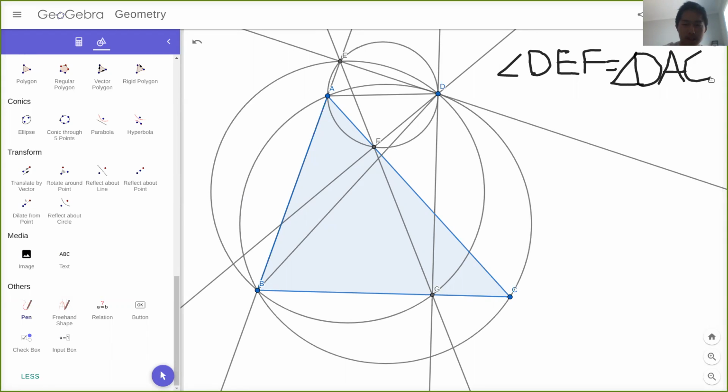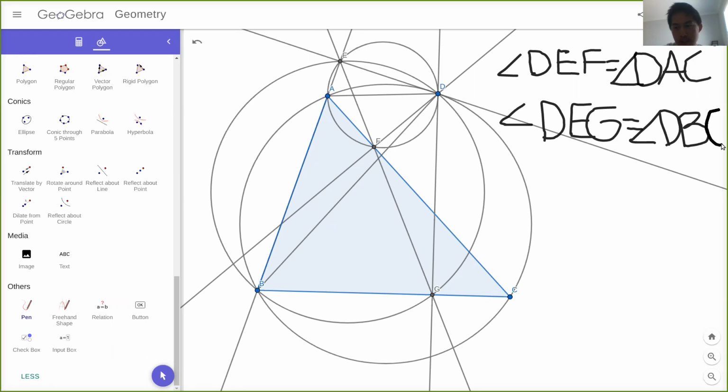And similarly, we played with angle DEG. Angle DEG by the cyclic quadrilateral DEBG, we found that that is equal to angle DBC. Now, are these two equal? Angle DAC, this angle right here, and angle DBC, this angle right here.